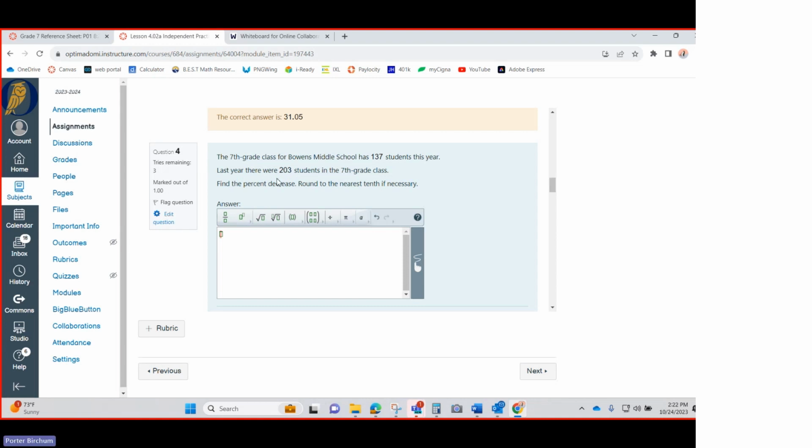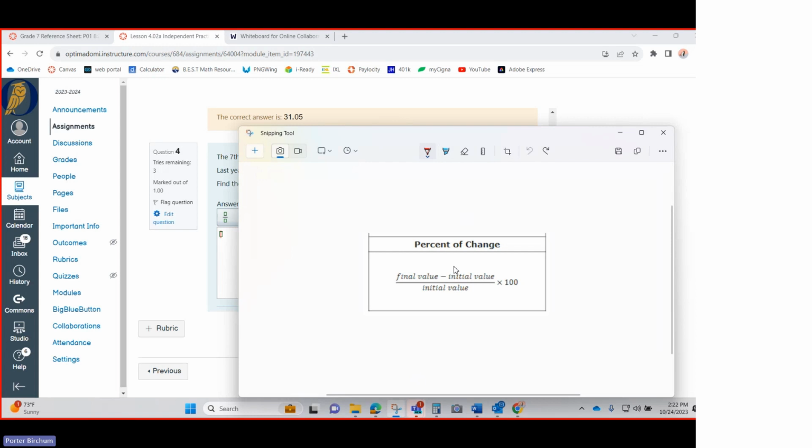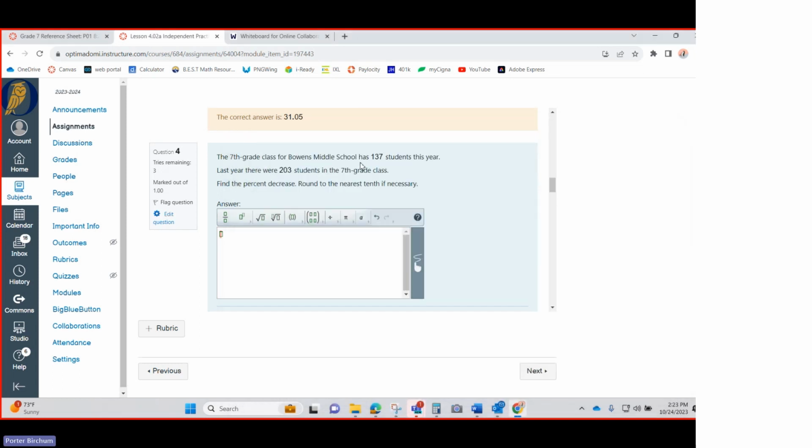Last year, this year. 203 came first. So 203 is my initial value. 203 times 100. Now I need the final value, the end of the story. This year, 137.